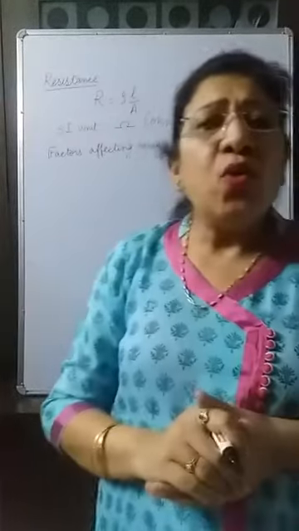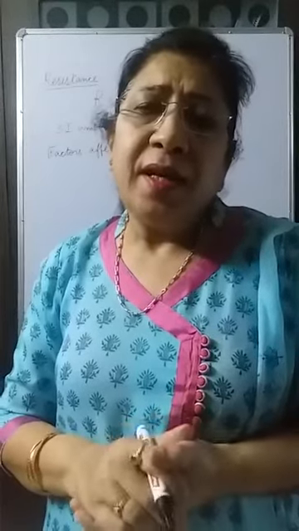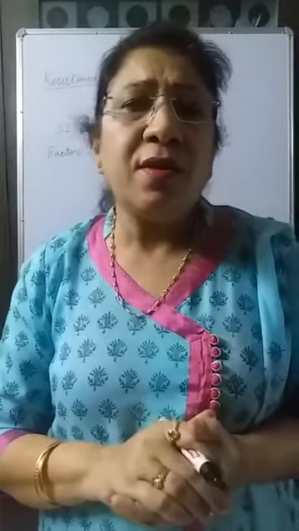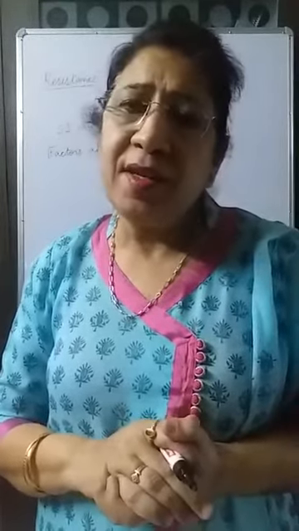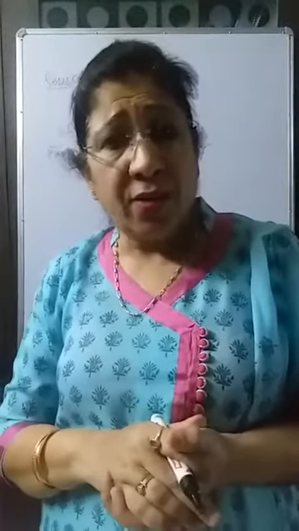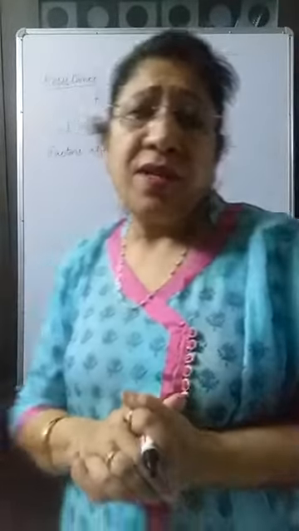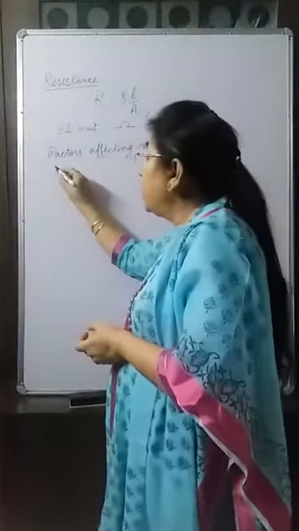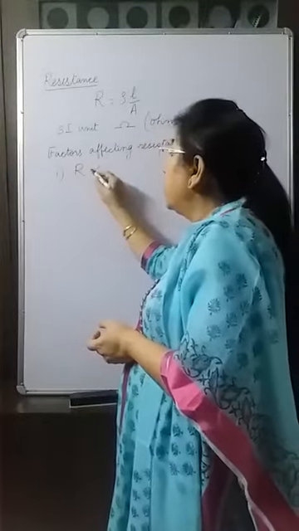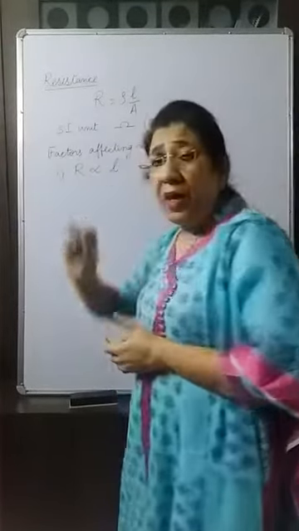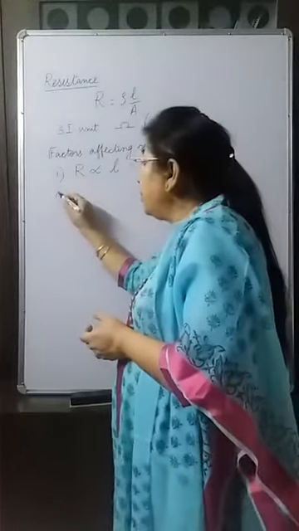Let us go back to Ohm's law. In Ohm's law we had stated that physical conditions such as temperature, pressure, etc. applied on the wire are kept constant. So if the temperature is kept constant, the factors on which the resistance will depend will be the length of the wire, L, directly proportional.